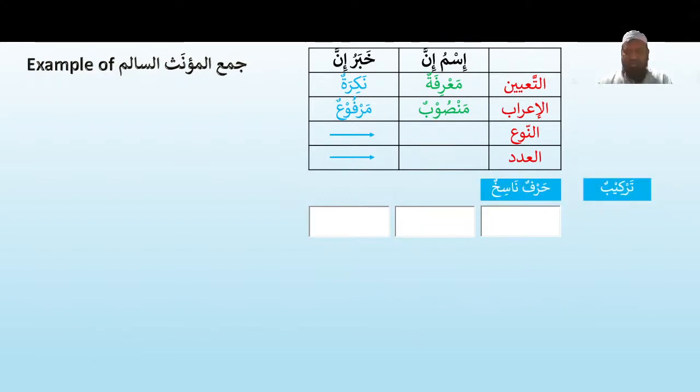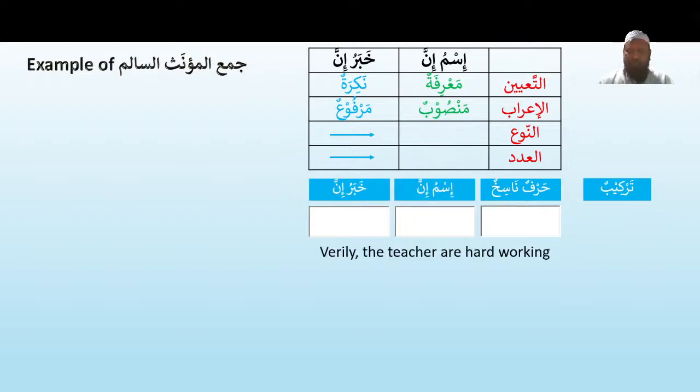جمع المؤنث سالم, another example. إن teachers. Because جمع مؤنث سالم, the female teachers. المدرسات.